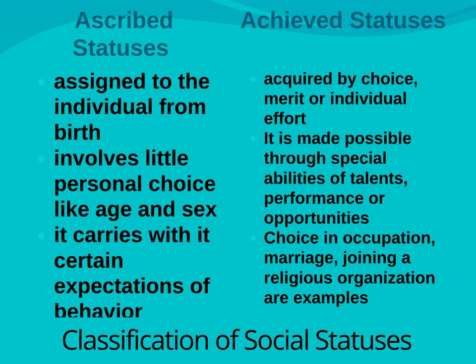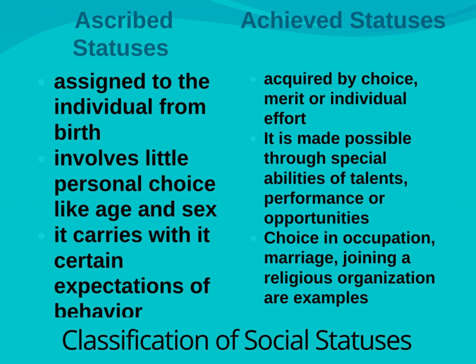And for statuses, there are so-called ascribed and achieved. These are called the classification of social statuses. Ascribed status is assigned to the individual from birth, involves little personal choice, like age and sex.